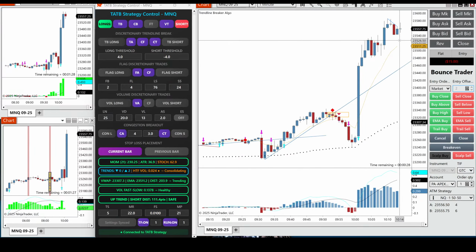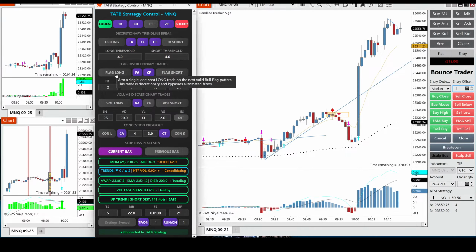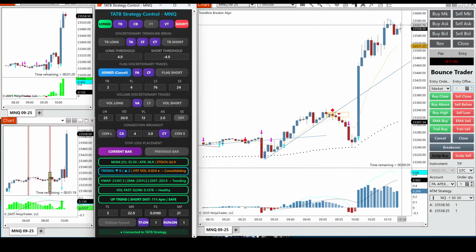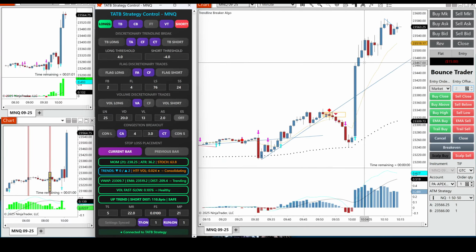If I wanted that trade, I could do something like this, and it would arm if this bar closes above, it will open that flag trade. But I don't want to do that. For me, it's a bit too high. Yeah, I mean, we might get it, but it's just a little bit too high for me.